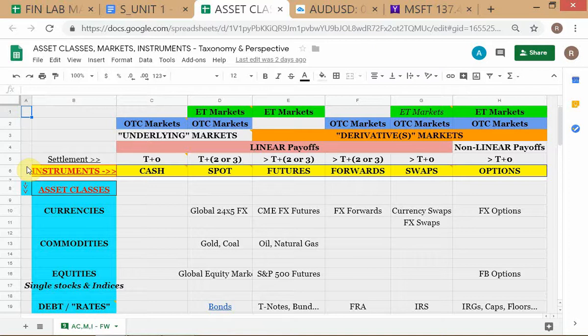So this is meant to help you get some sense of perspective by having a framework into which you can put different markets and instruments into certain boxes, and that's how it'll help you make sense of the whole markets landscape, because the landscape is quite vast.